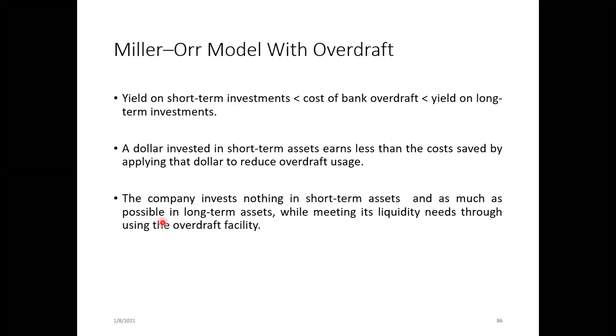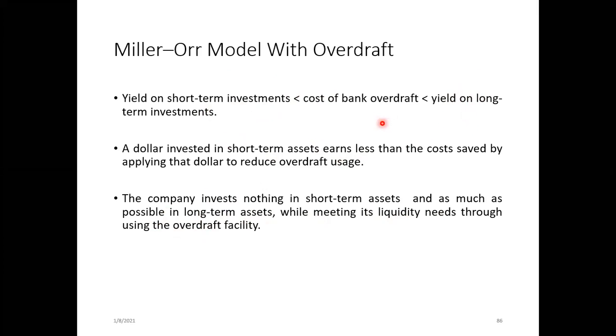The company invests nothing in short-term assets, but as much as possible in long-term assets. It means that based on the Miller-Orr model, they suggest that if we have extra, surplus money, don't put it in short-term investment, but put that money in long-term investment, and it will earn higher interest income.